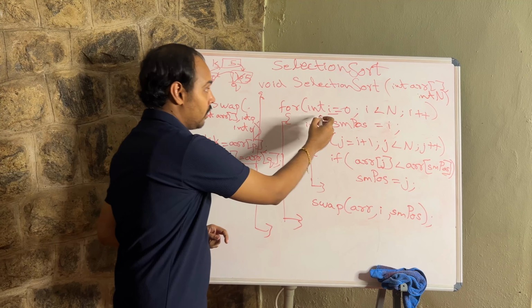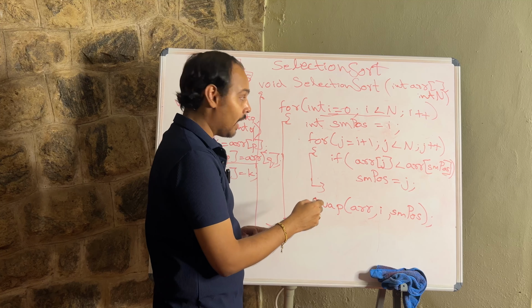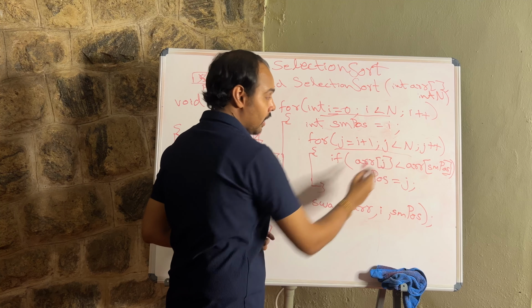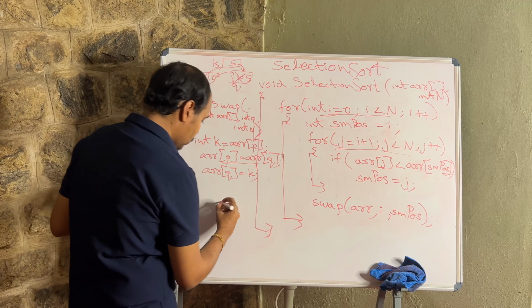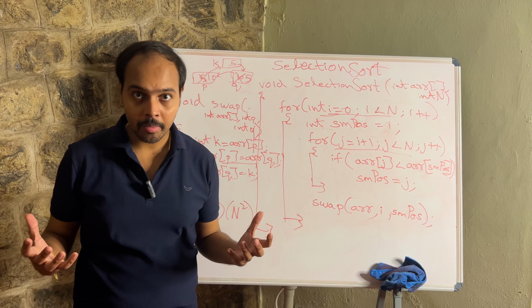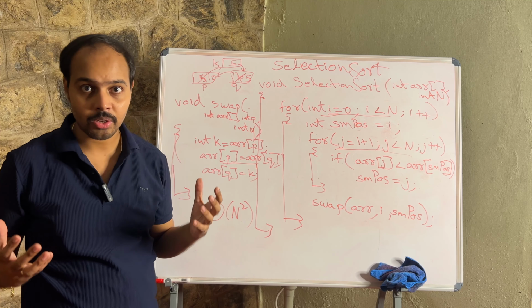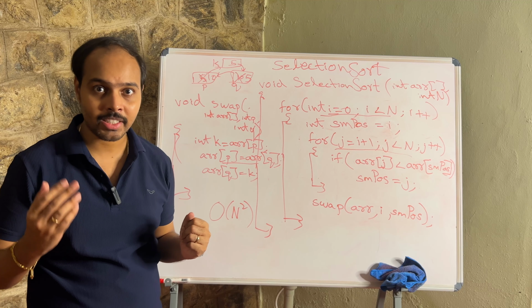That means we have n iterations here, and for every iteration we have n iterations here. So its time complexity is O of n square. Hope you were able to understand selection sort well. I will meet you with another algorithm next time.